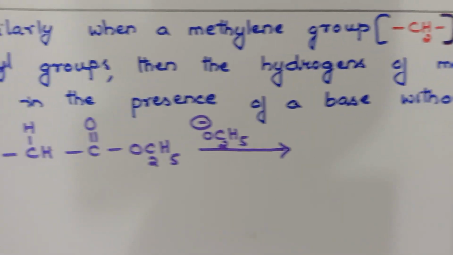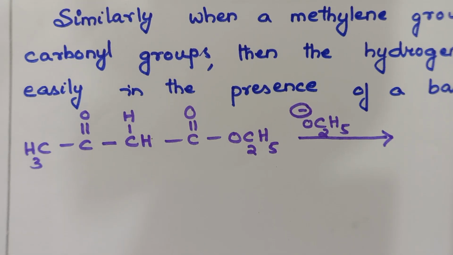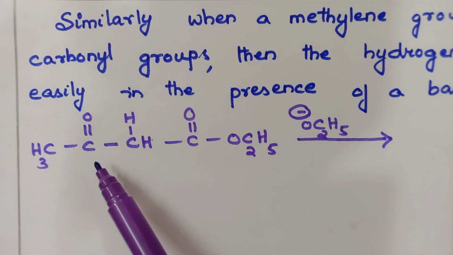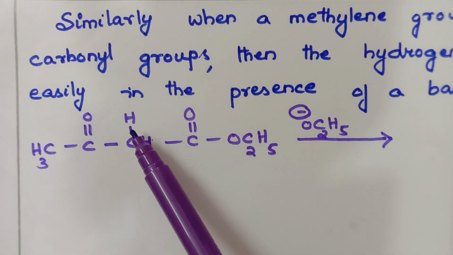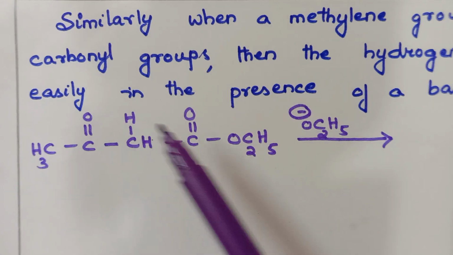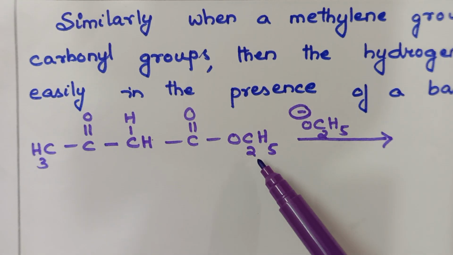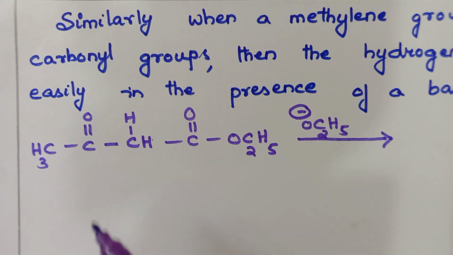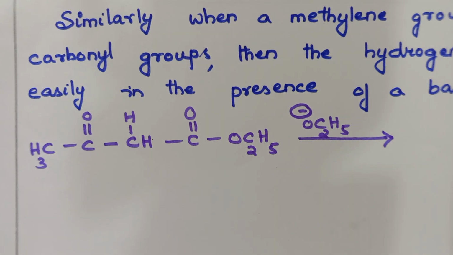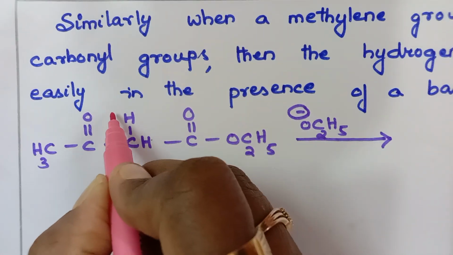Okay, I will show you an example here. CH3, C double bond O, CH2, one hydrogen I have written separately, C double bond O, OC2H5. See, this is the methylene group. Just we will mark it.